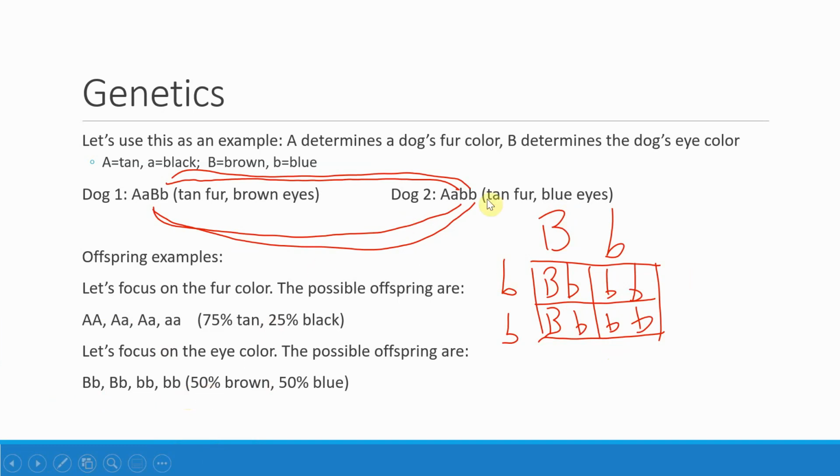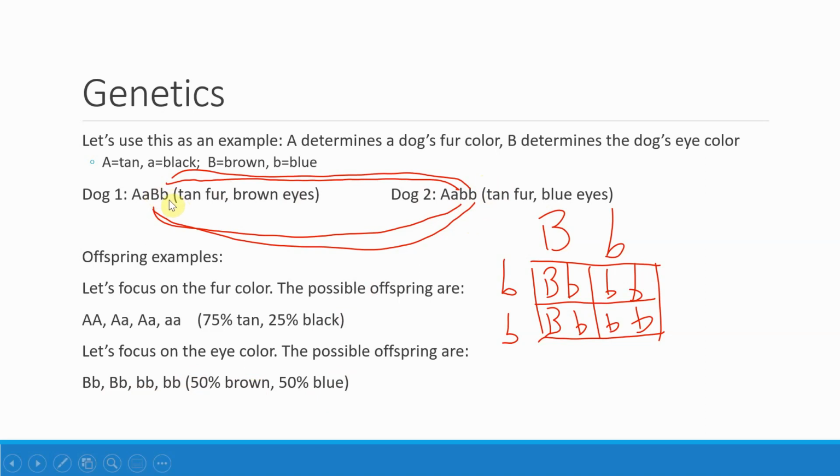And you'll notice here, since this one was actually recessive, I end up with 50% of them being brown and 50% blue. So even if one of them is completely recessive, both of them being lowercase, don't do the math of thinking, oh, look, of the 4, 3 of them are lowercase, therefore 75% of the children would have recessive, right?